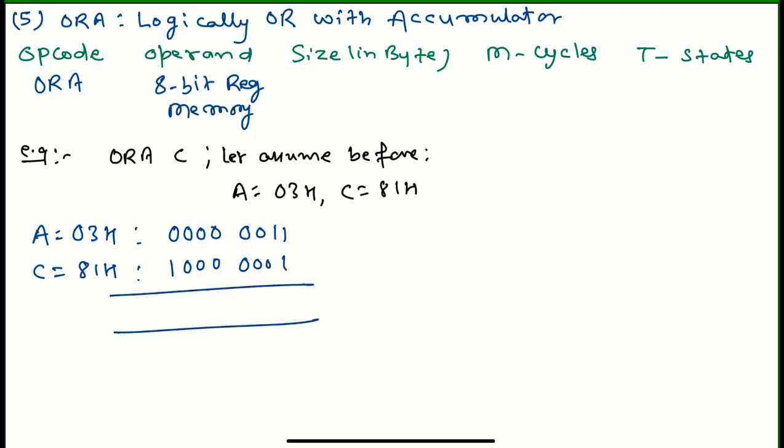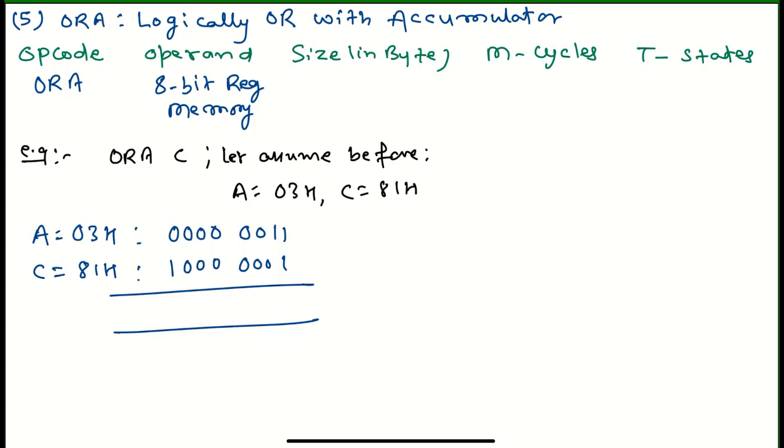So now how will the operation go? As per the logical OR operation, what I explained in the previous video, if any input is 1, then the output will be 1. That might be both inputs being 1, or any one of the inputs being 1, then the output will be 1.